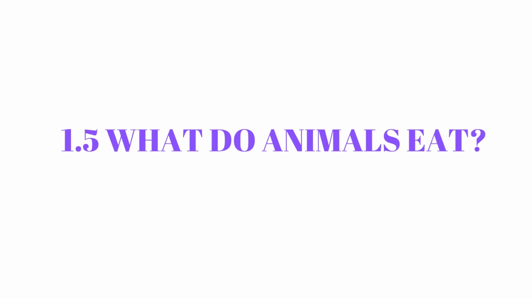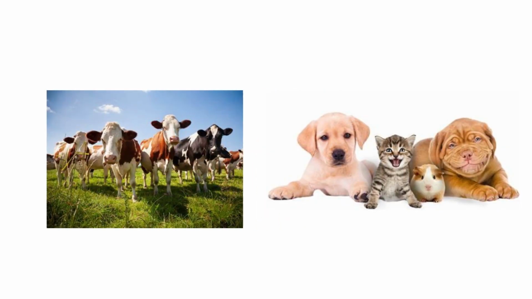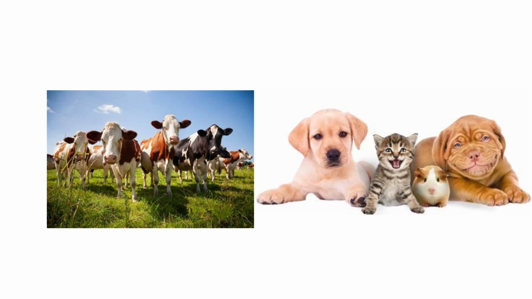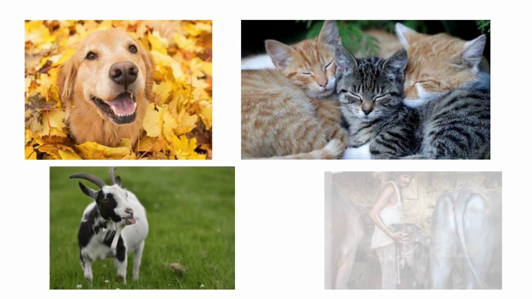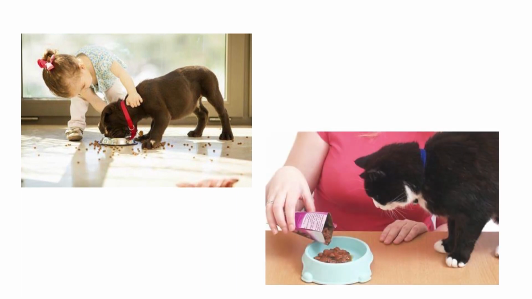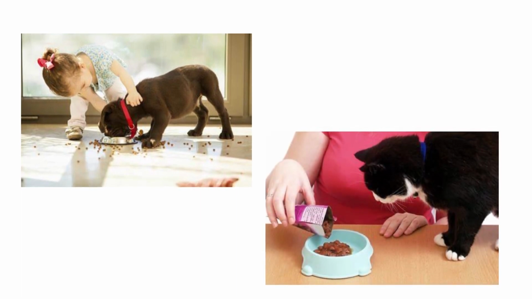Unit 5. What do animals eat? Do you have a cattle or a pet that you take care of? A dog, cat, buffalo or a goat? You will then surely be aware of the food the animals eat.